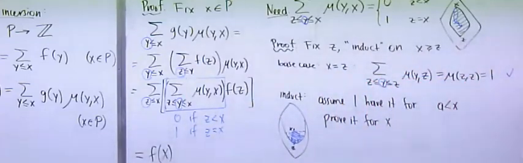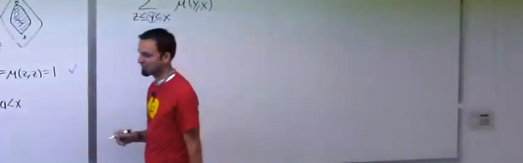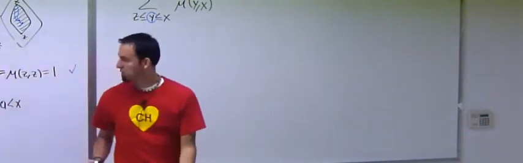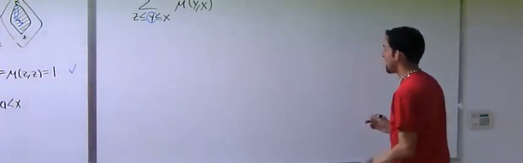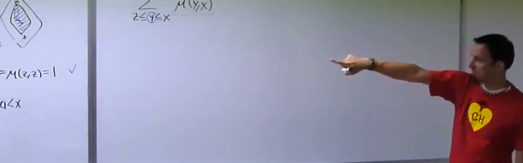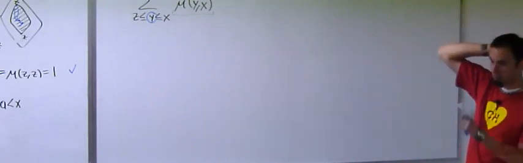So here's the summation that I want. And I'm adding over y of mu of y comma x. What's mu of y comma x? Well, by definition, it's that summation over there.